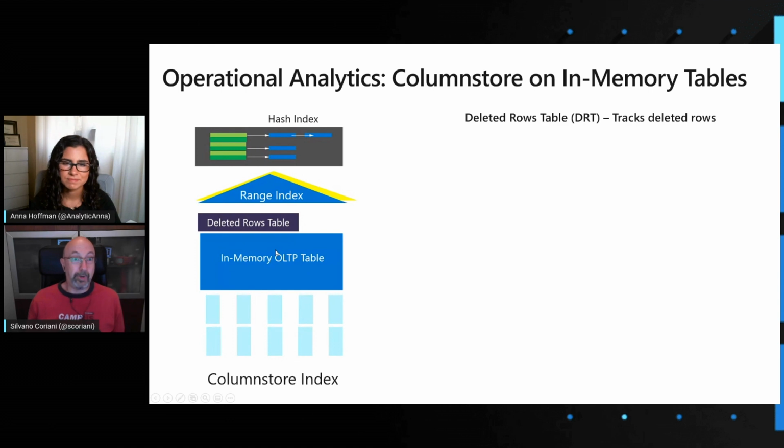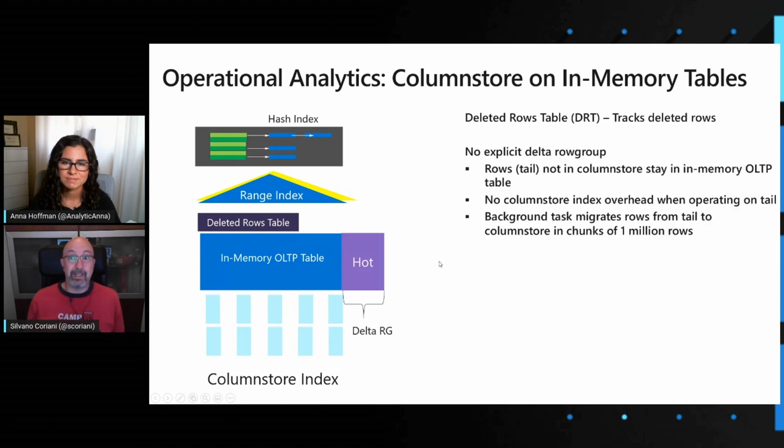So at this point, we can have the maximum speed in driving our OLTP workloads, while we can run analytical queries on top of the same in-memory structures, by creating those two different representations of our in-memory data.